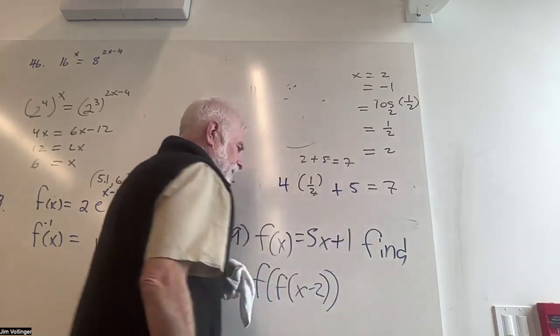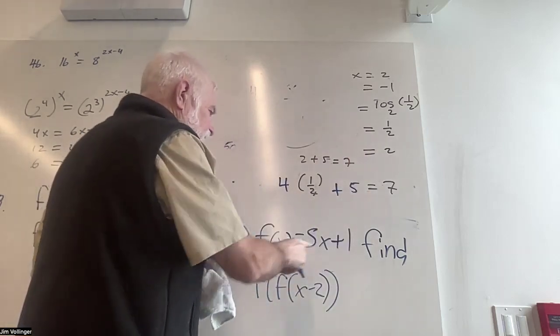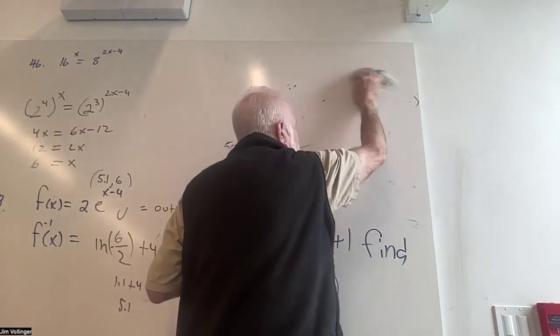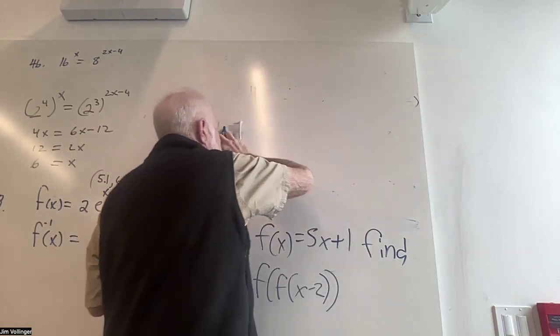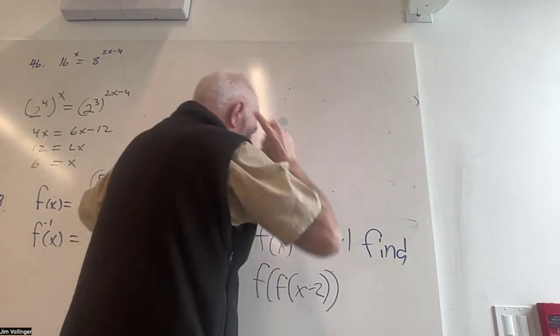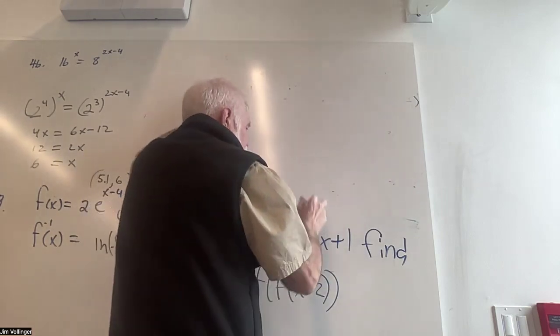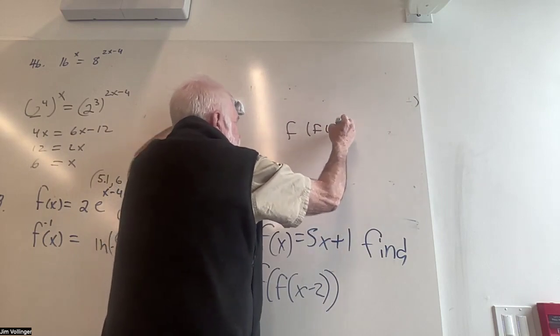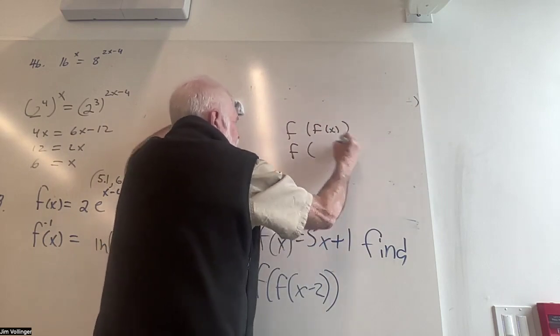I'm moving on. So f of x is 5x plus 1. I'm hearing I made a careless error on the answer key. I don't doubt it. I did it very quickly. So f of x is 5x plus 1, and I'm doing f of f of x.